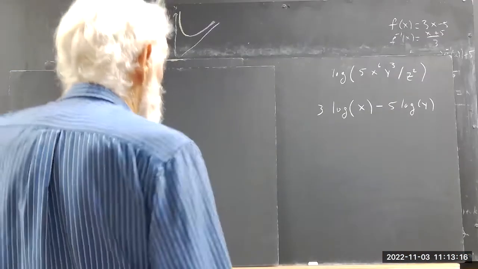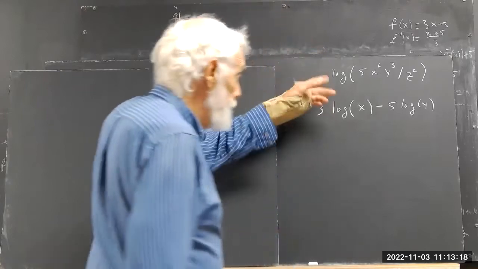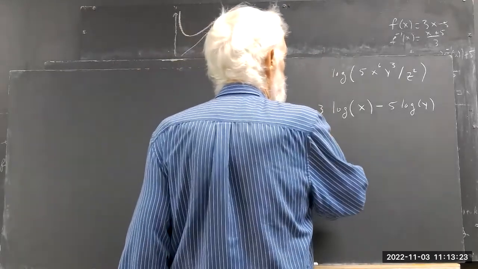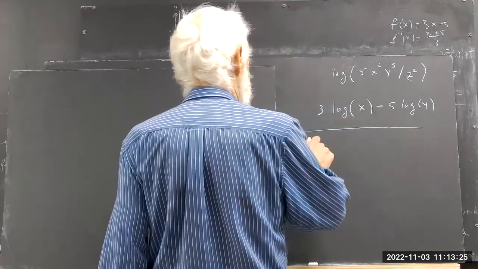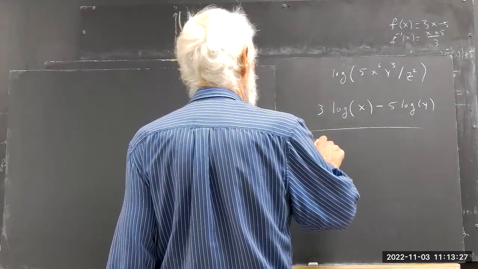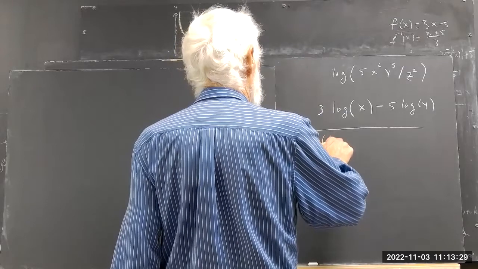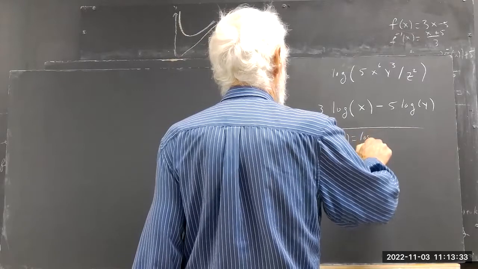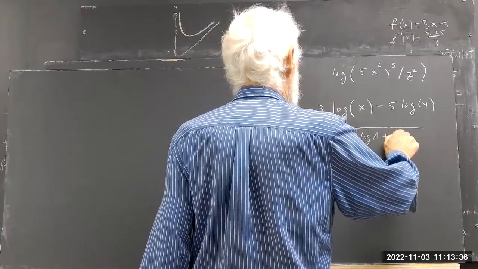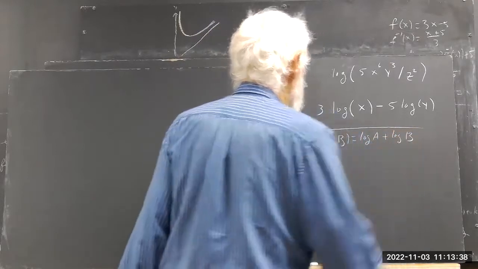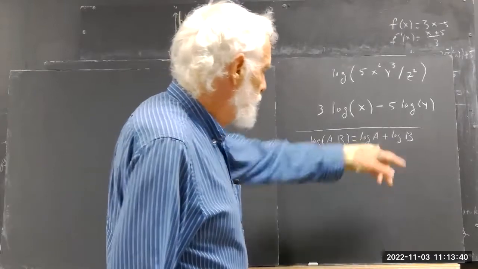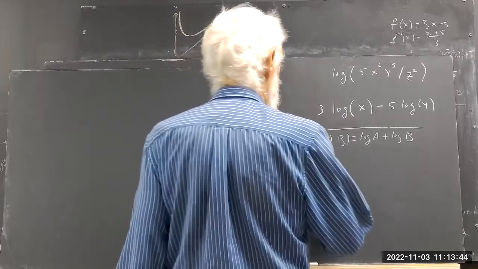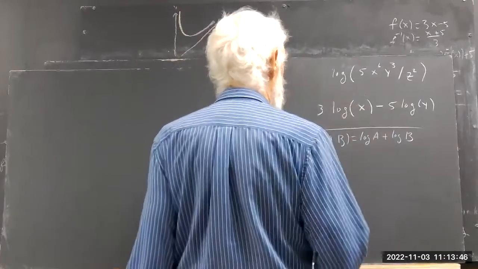Okay, so if you know the law, it's not too difficult to do this. The first rule is that log of A times B is the log of A plus the log of B. You can apply that here.